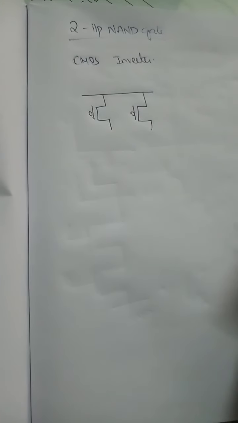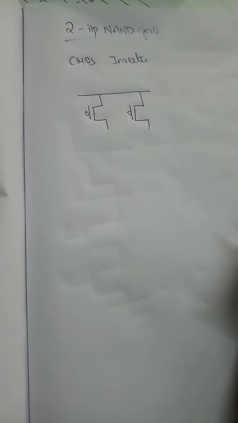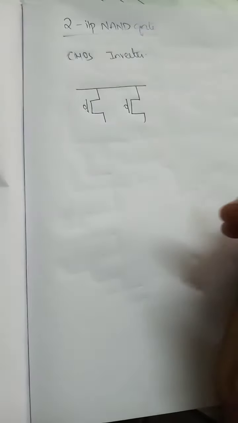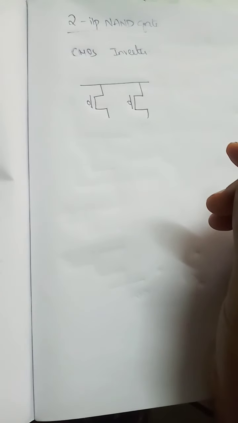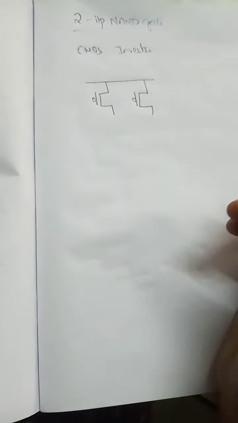This is PMOS, because for CMOS there will be only enhancement mode transistors, and for both inputs the common input will be given, and between these two only the output is taken as common. Okay, this is the CMOS circuit.